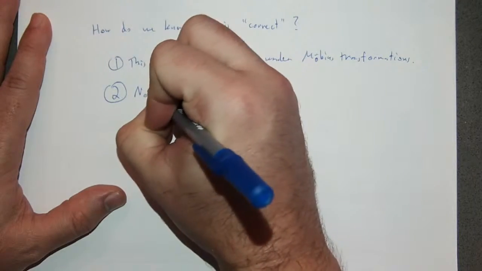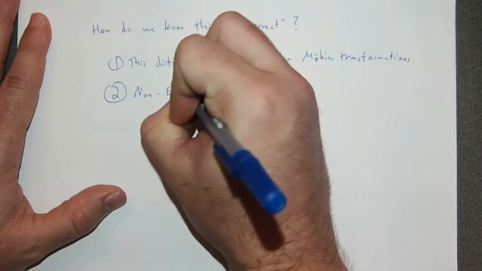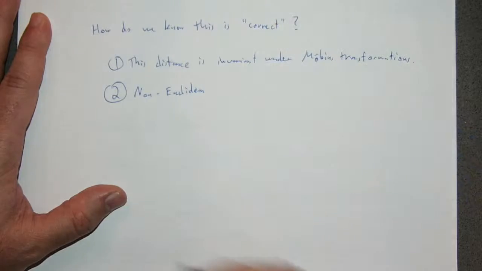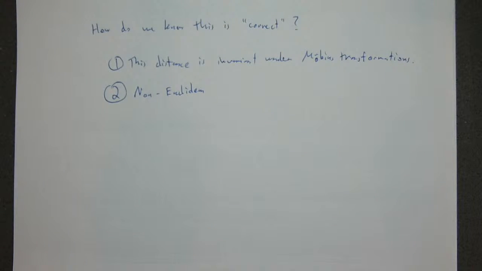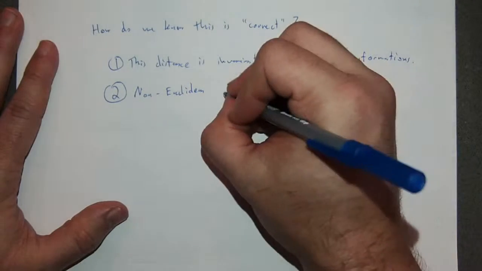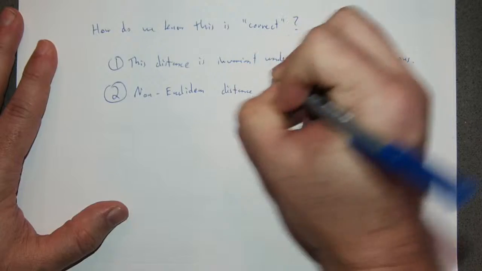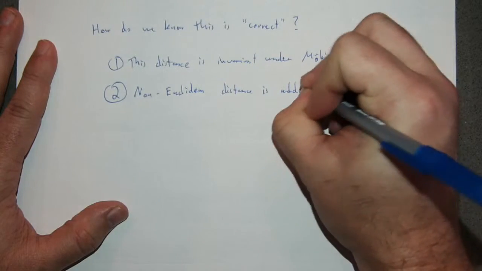The second thing is that it is actually nicer in some ways than Euclidean distance because it's additive. So what do I mean by that?